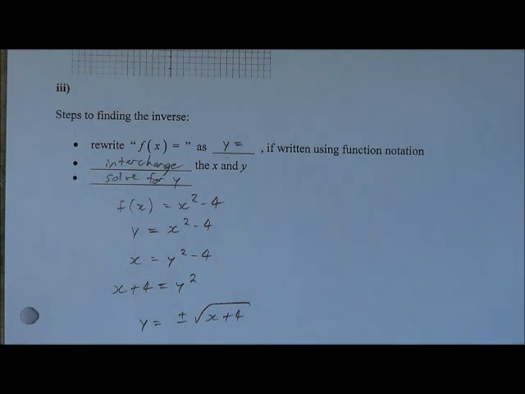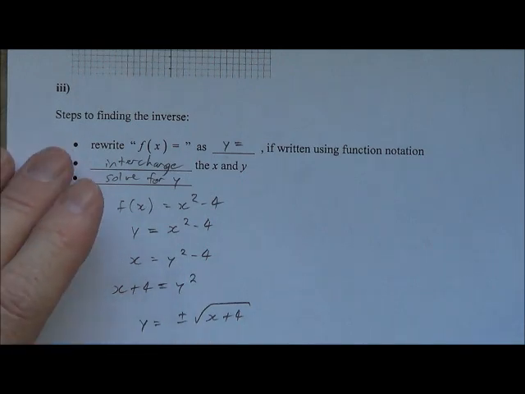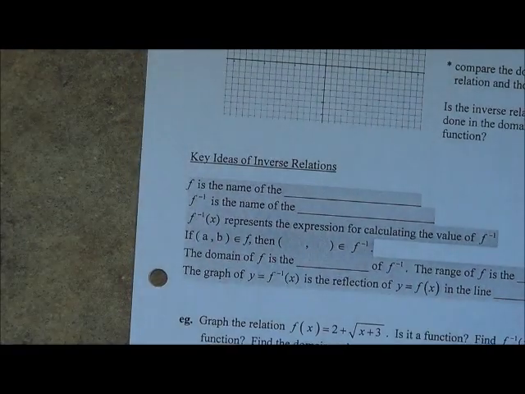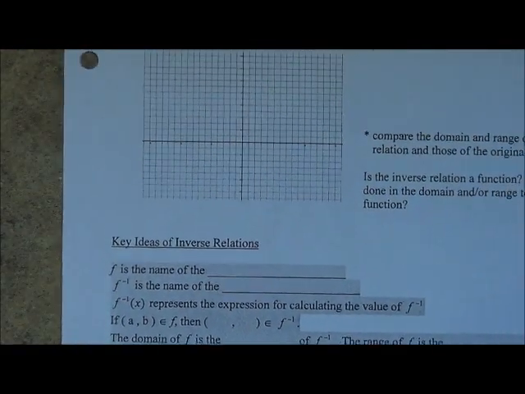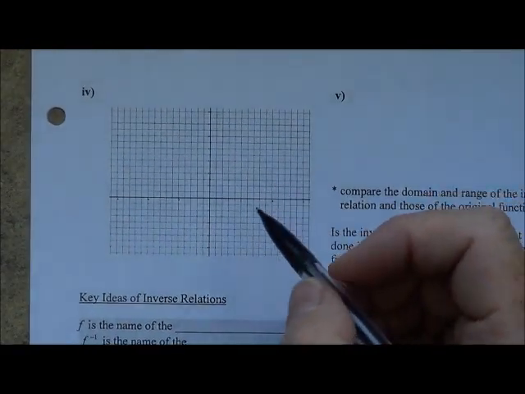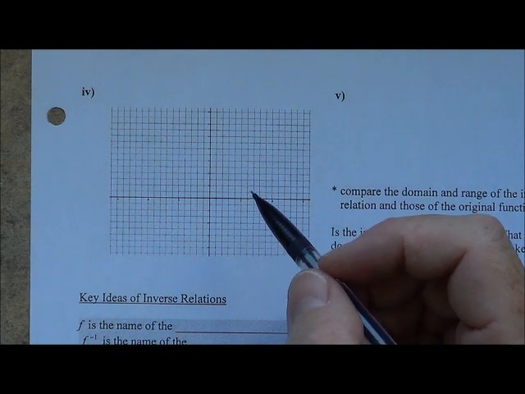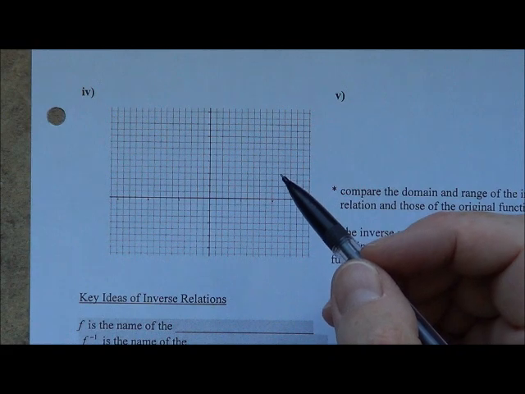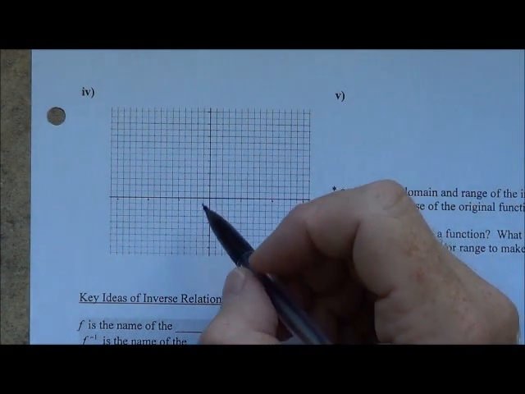Okay, and then on the next page that you have, we've got the grid, and you just need to graph this function. And I know the grid's very, very small, but we'll take a look at graphing this.